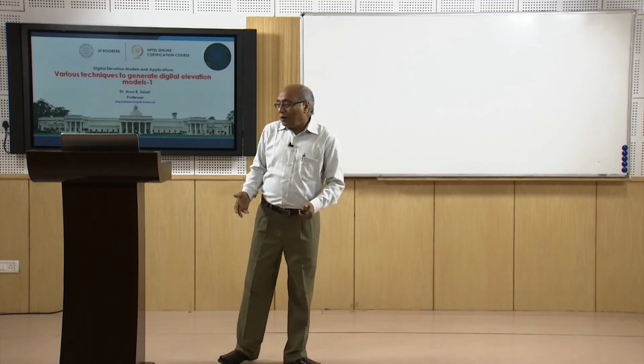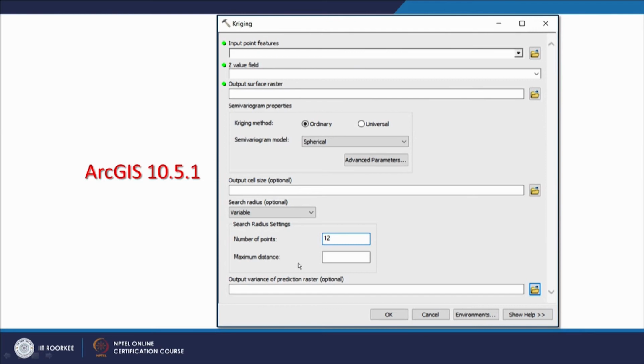If I take the example of the latest version of ArcGIS, ArcMap 10.5.1, this is the GUI for kriging when you choose the kriging method from the toolbox.